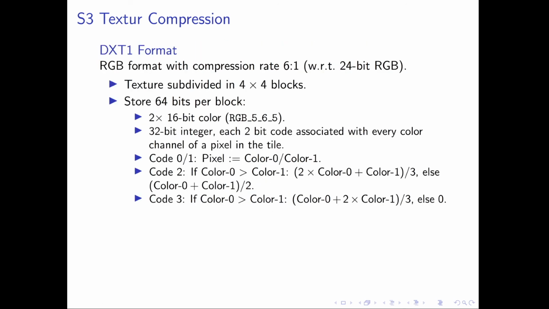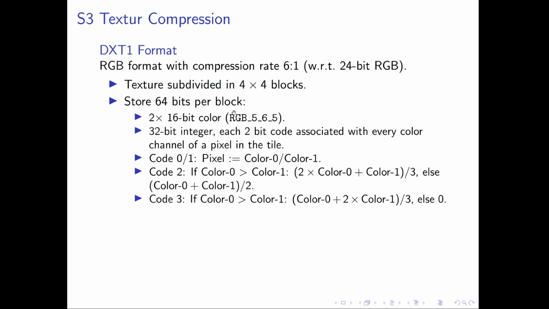If we were to compare with 24-bit RGB colors, which would be a very typical raw encoding of a typical color texture, then we see a compression rate of 6:1, which is actually pretty good for an image compression format. And we already discussed the DXT1 format, so I'm not going to repeat this here.